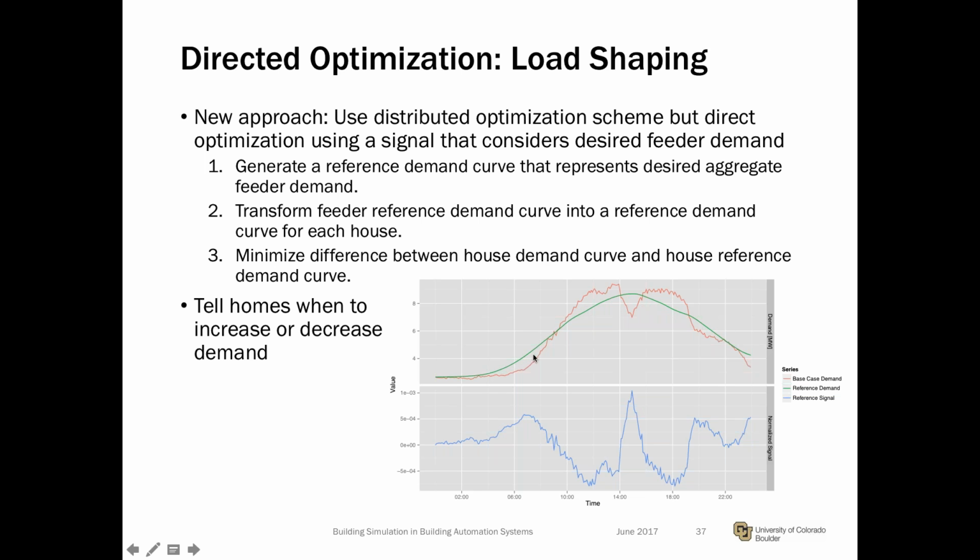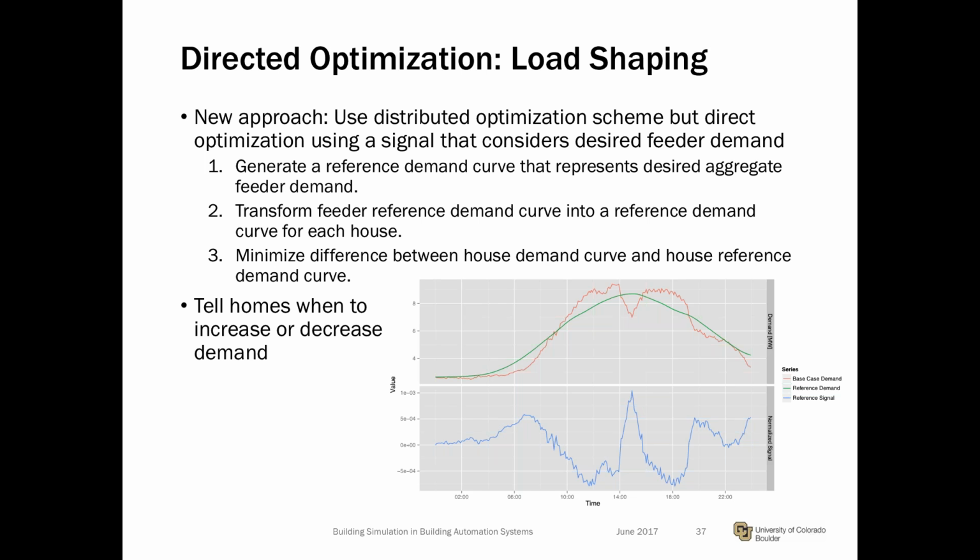So as a result, there are times when we would like the demand to increase and other times where we'd like it to decrease, and the difference is shown here in blue. This approach generates such a green reference curve for the feeder, and then we transform that feeder reference demand curve into one for each house, and each house then has an optimization engine that minimizes the difference between the current home demand and the reference demand that it's trying to achieve.